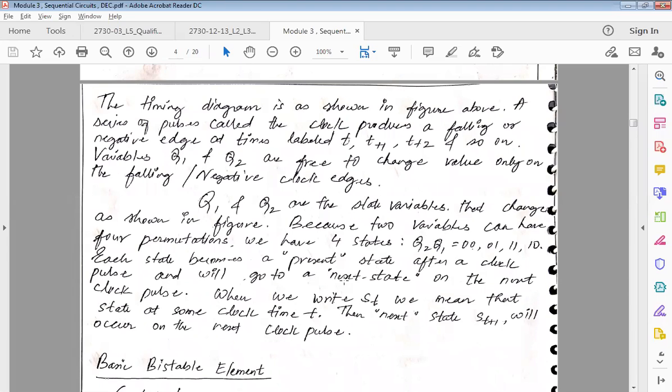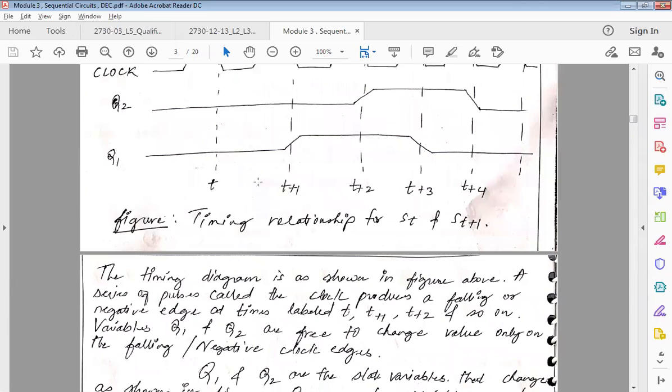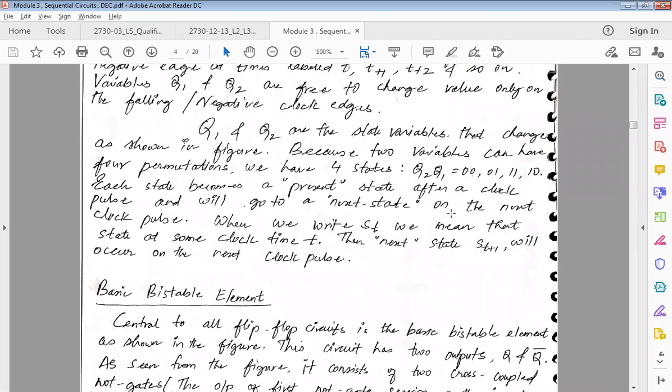And we'll go to the next state on the next clock pulse. When we write St, we mean the state at some clock time t. So this t can be t plus 1, or t plus 3, or t plus 4, but some t. The next state, St plus 1, will occur on the next clock pulse.